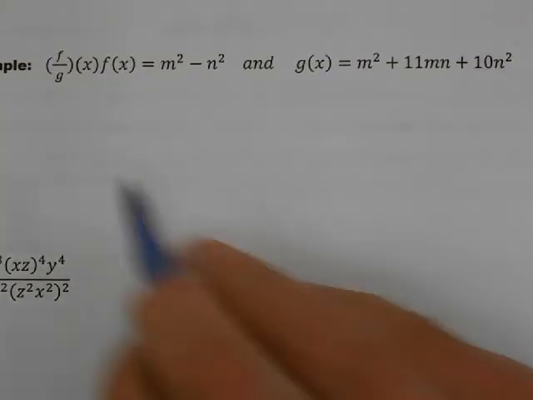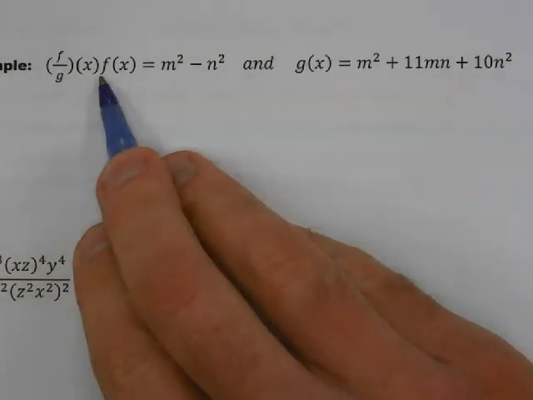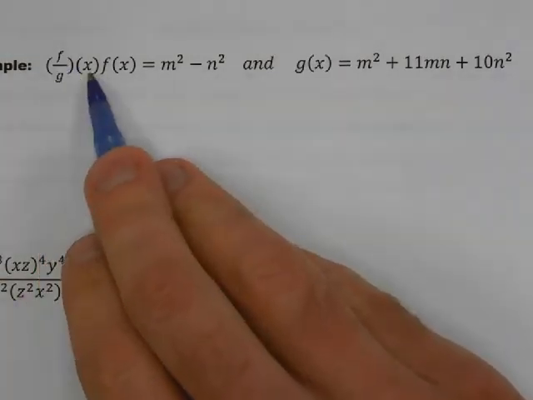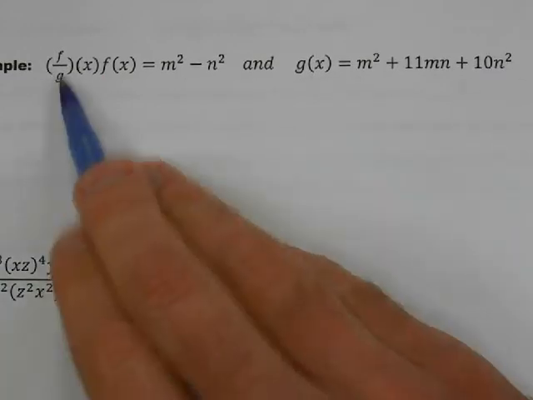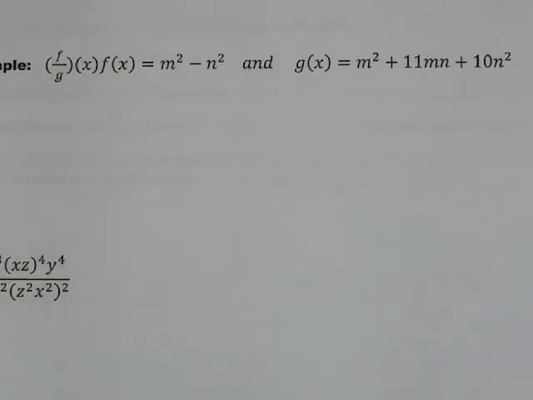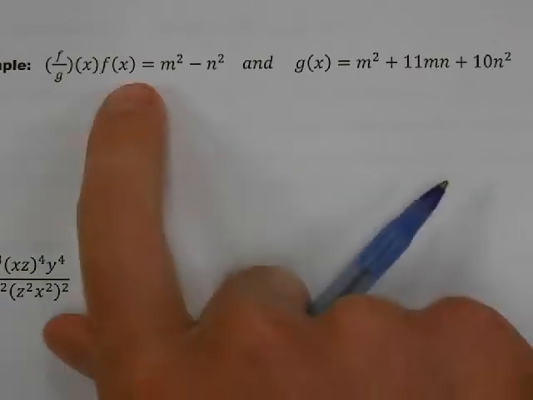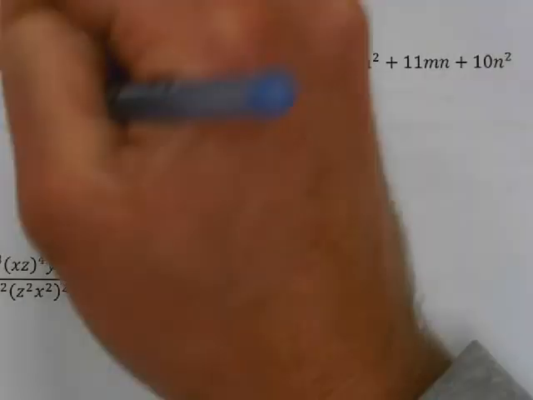All right, so they want us to find f over g of x, if f of x is this thing and g of x is that thing. Okay, well this just means f of x over g of x. So f of x is this function right here, m squared minus n squared.